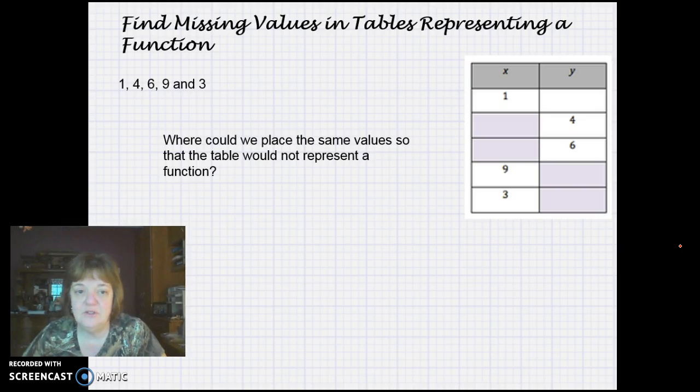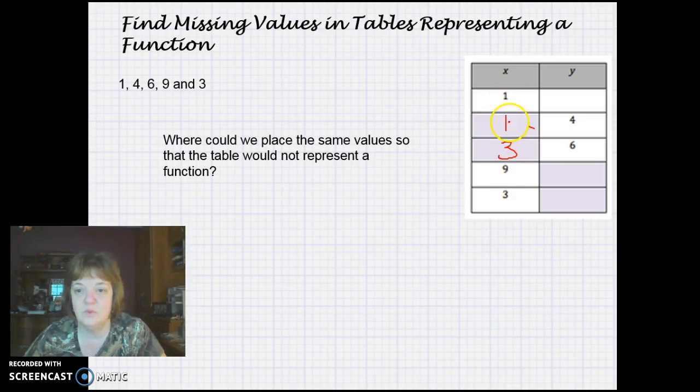What we would have to do then is to repeat something in the x column. That's all there is to it. So basically, there's lots of ways we could do this. I mean, we could repeat the 1 here. And then we could even repeat a 3 here. All right, whatever you do there, it's got to be something that was already here.